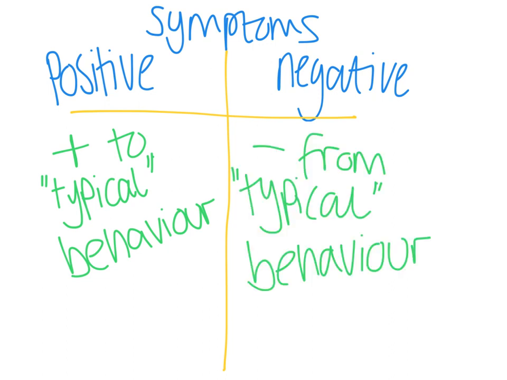If you consider in maths, the plus sign tends to indicate a positive, and the symbol for taking away something indicates a negative. So positive symptoms increase untypical behaviour, and negative symptoms take away from typical behaviour.